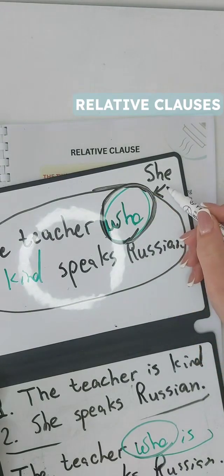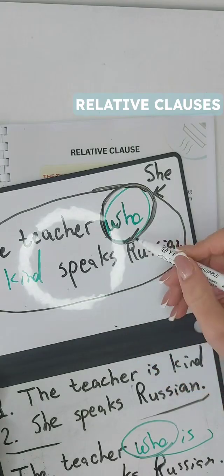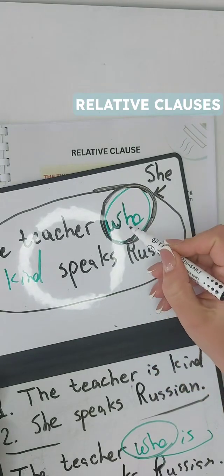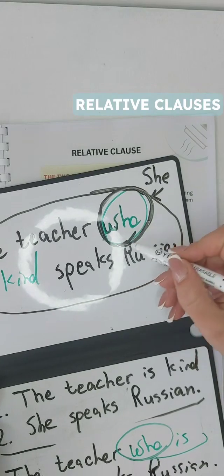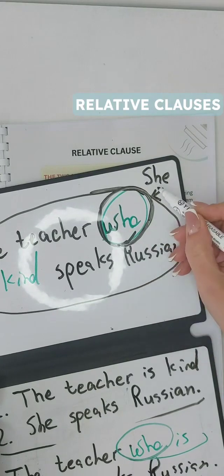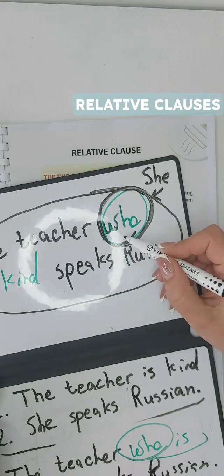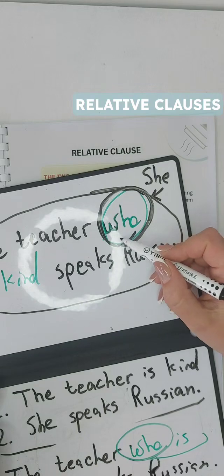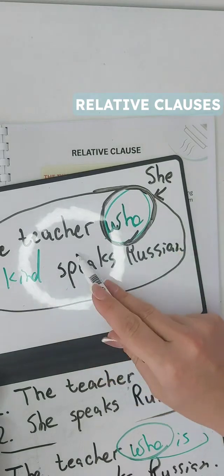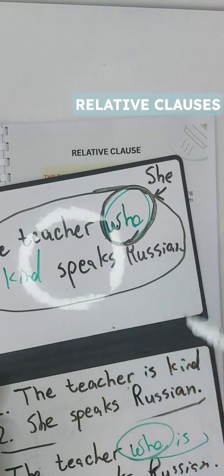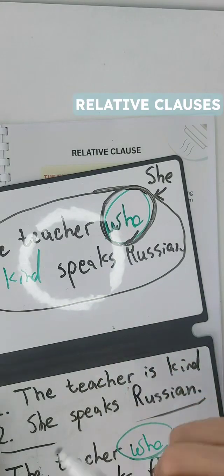That means she. Here, we are not using who as a question word. We are not asking. Here, who means she. It tells us that we are talking about a person, about the teacher. So the teacher who is kind speaks Russian. Okay?